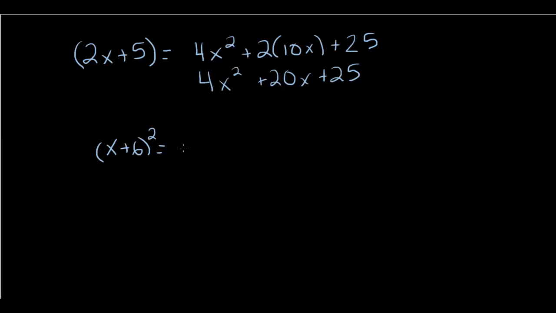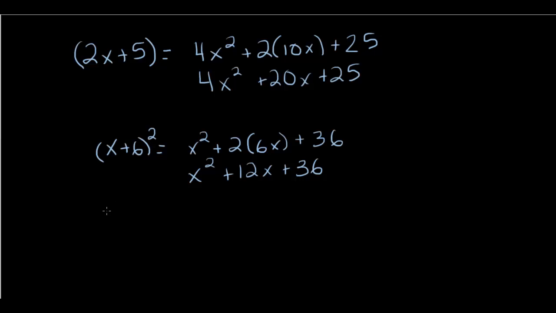Okay, so following the steps is going to be the square of the first term, so x squared, plus twice the product of the two terms, x times 6 is 6x, plus the square of the second term, 6 times 6 is 36, so it will be x squared plus 12x plus 36.